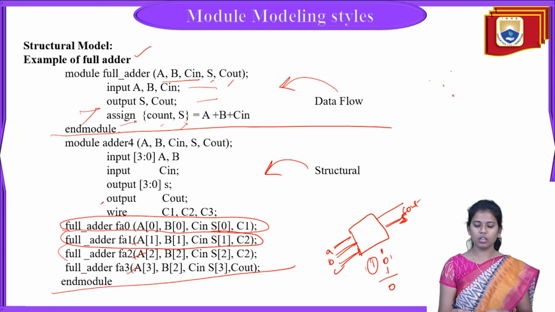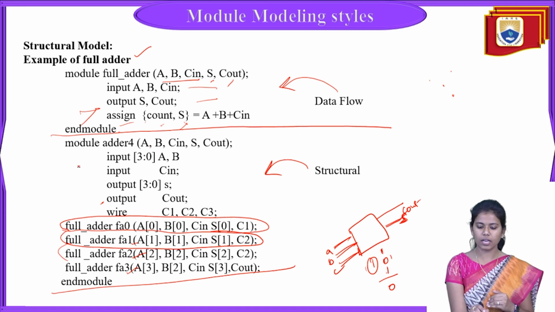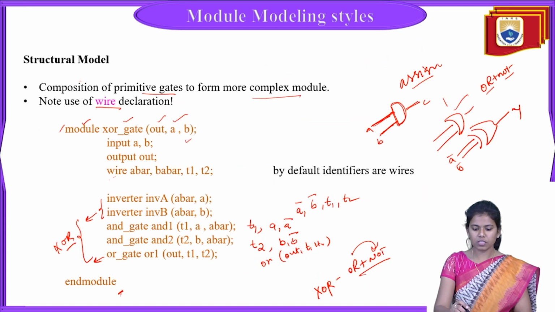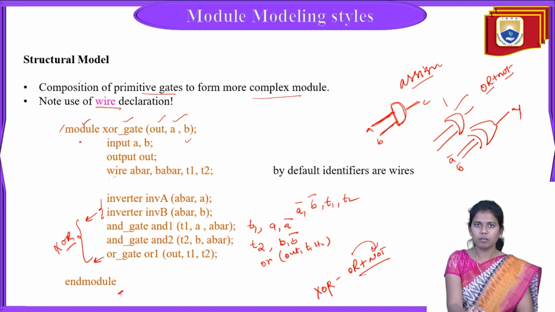Whereas in the structural, each and every point: what are the inputs, what are the outputs, and wiring. See, this is what we have discussed, right? In the structural modeling: module, gate name, input, output, wire, and in depth, in detail, how we are concatenating, or how we are declaring the internal part of a complex module. The internal part can be seen over here in the structural model.